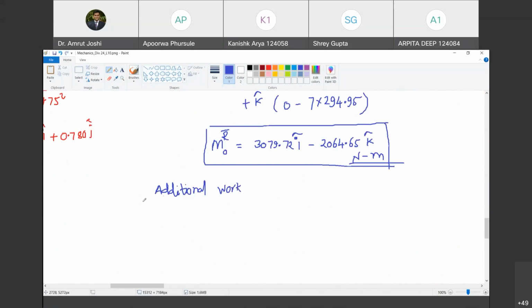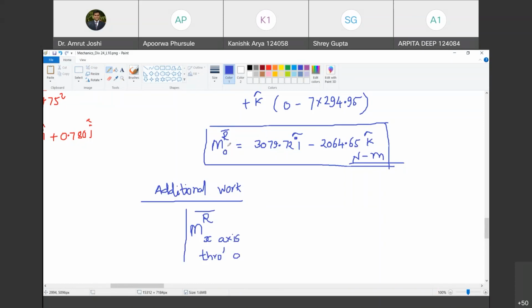Problem solution is over here, but now I want you to find out moment of R bar about x-axis passing through O. Are you with me? Yes, sir. The narrative has changed. What was the narrative before? I wanted to find out moment of addition of these two tensions about point O. Now I am specifying the axis as well. I want you to find out moment of R bar about x-axis passing through O. Are you with me? Yes, sir.